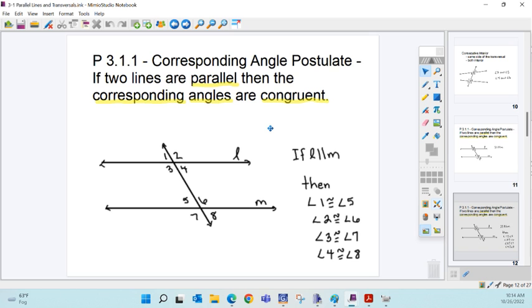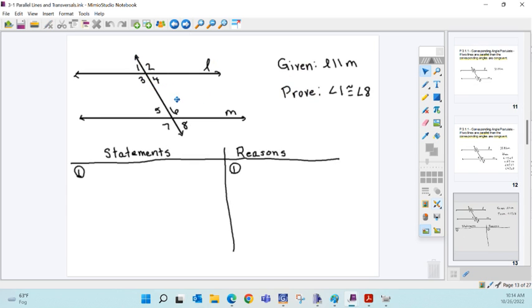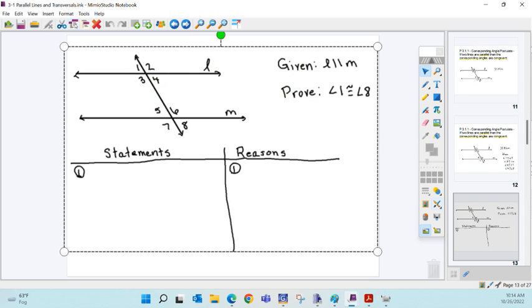The next thing is we have a little proof that we need to handle. I'm going to copy this proof and paste it into a new sheet.